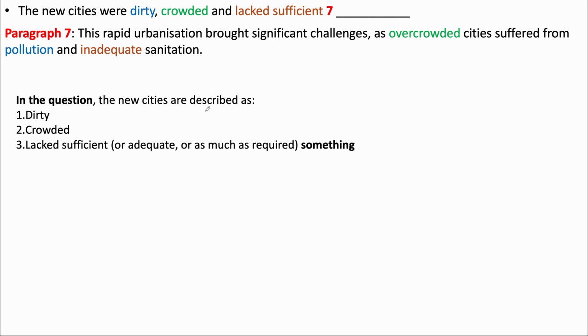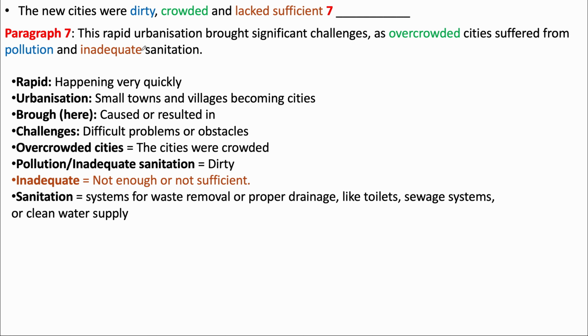In the question, the new cities are described as dirty, crowded, and lacked sufficient. Lacked means did not have, sufficient means enough. The cities did not have enough or adequate something. That is what we have to find. Let's see what the passage says. This part of the sentence means when small towns and villages quickly became cities, it caused big or serious problems.